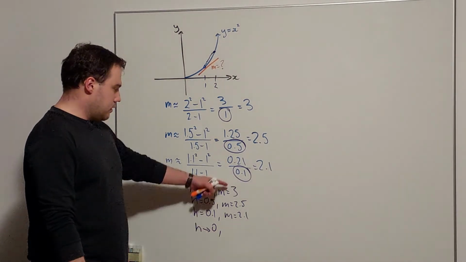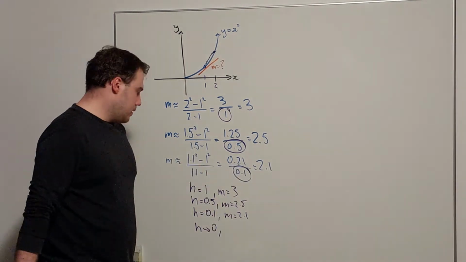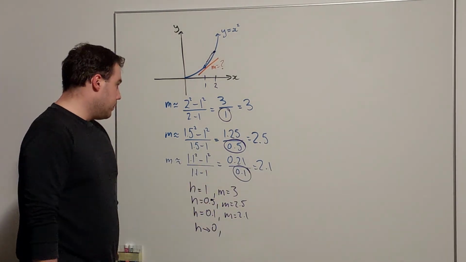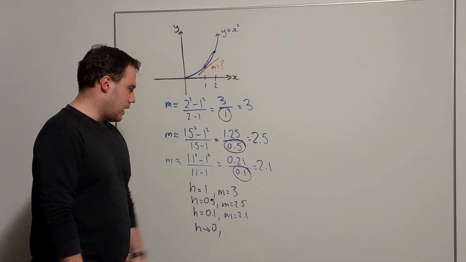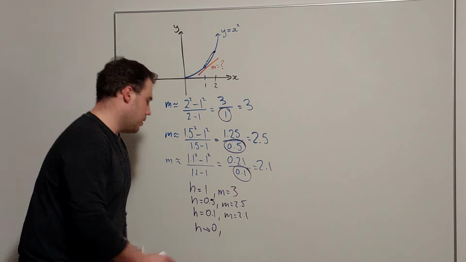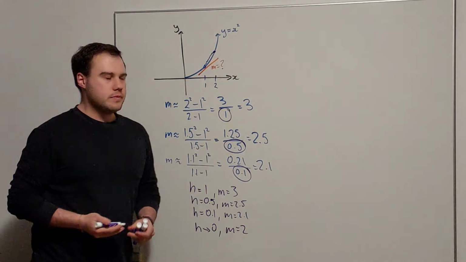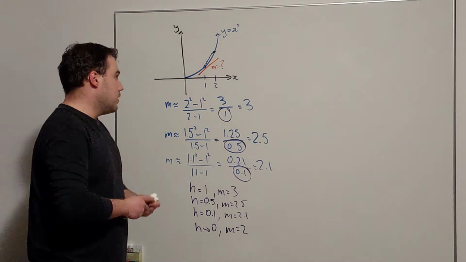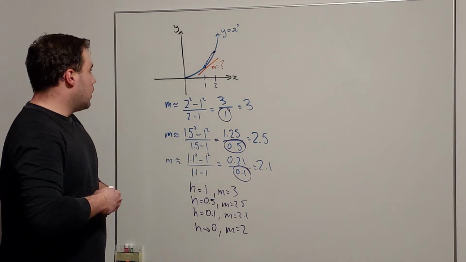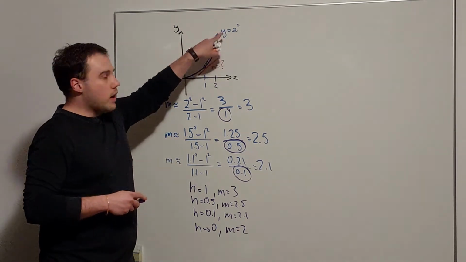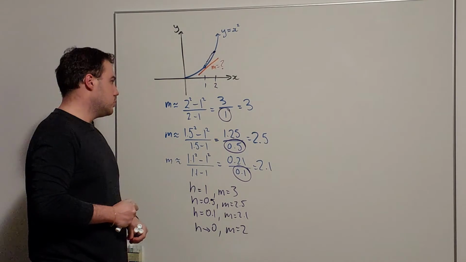It looks like 3, 2.5, 2.1. As we keep reducing that step, the little step that we're taking from 1, the gradient value is coming down and approaching 2. So that is in fact the gradient of the tangent at that point. On the curve y equals x squared, when x equals 1, the gradient is 2.